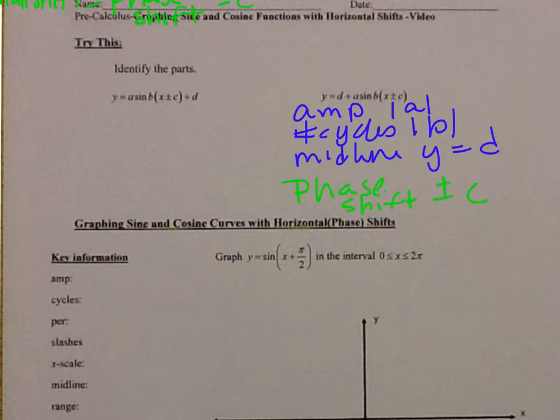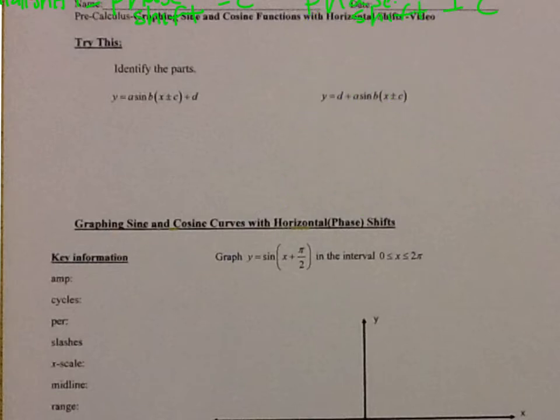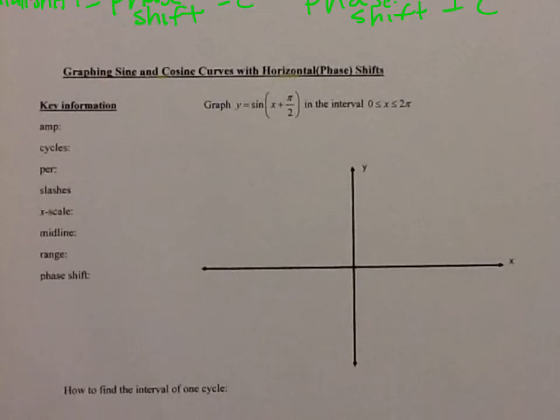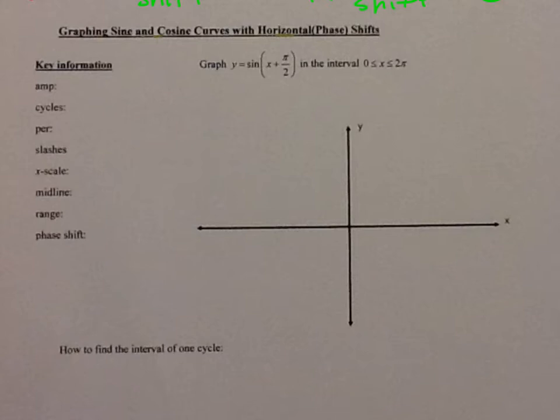All right, so we're actually going to graph these. So let's take a look down here at the equation. y is equal to sine, parentheses, x plus pi over 2. And I want to graph that in the interval from 0 to 2 pi. Now, always make sure when you're identifying everything that your b value is not inside the parentheses.